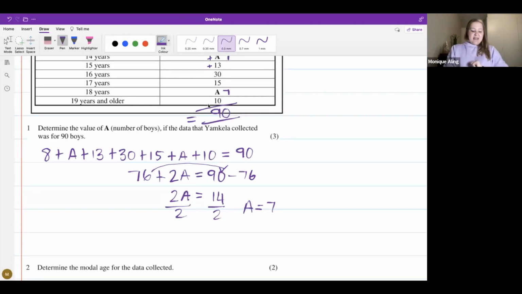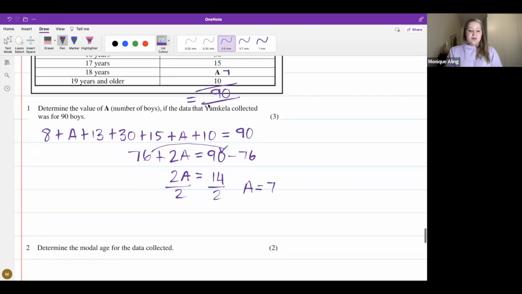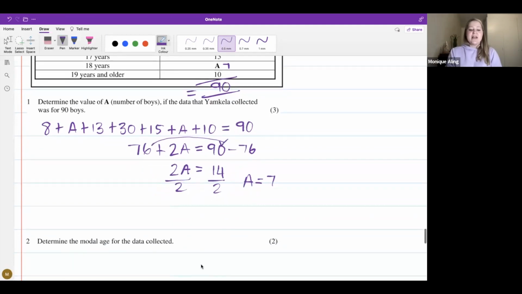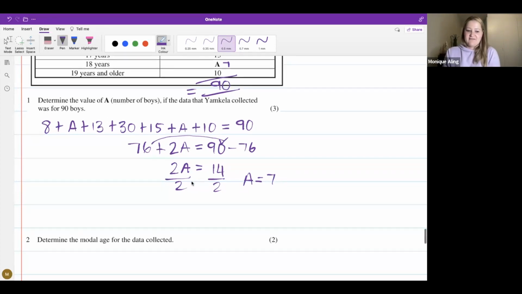Okay, then question 2. Determine the modal age for the data collected. Bira, I'm going to go back to question 1 at the end. Question 2, determine the modal age. What do they mean by modal age?